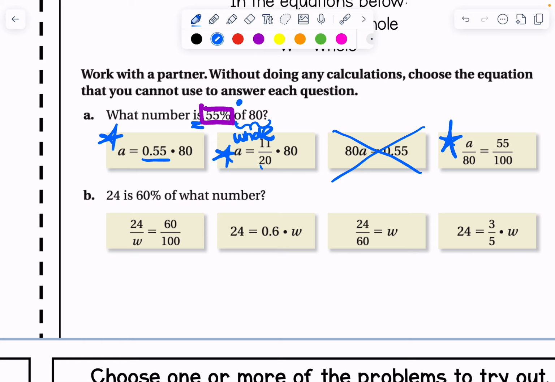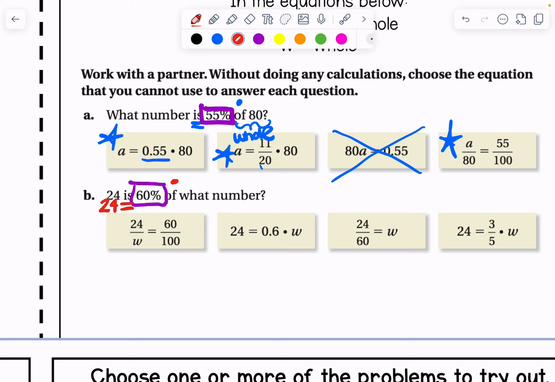So 24 is 60% of what number? When we look at this next one, again, three of these equations are going to help us figure this out, and one of them will not. I look, and I see a percent, so I know I have my percentage, all right? And then it says 24 is 60% of what number? So here, this is saying that 24 equals 60% of something.